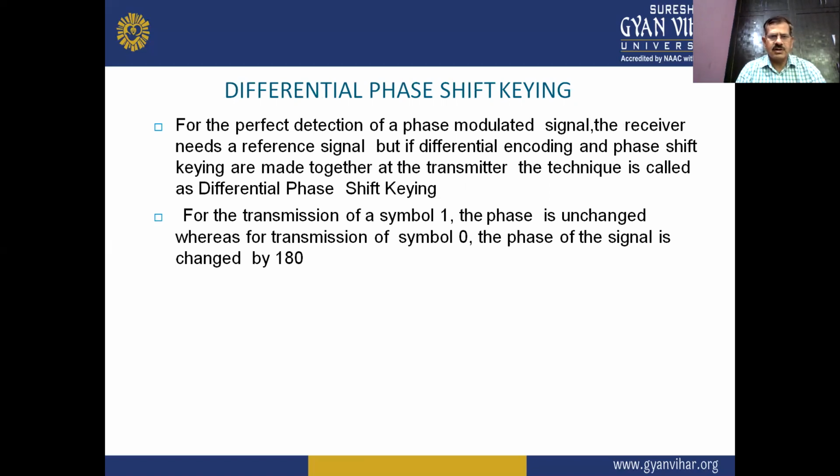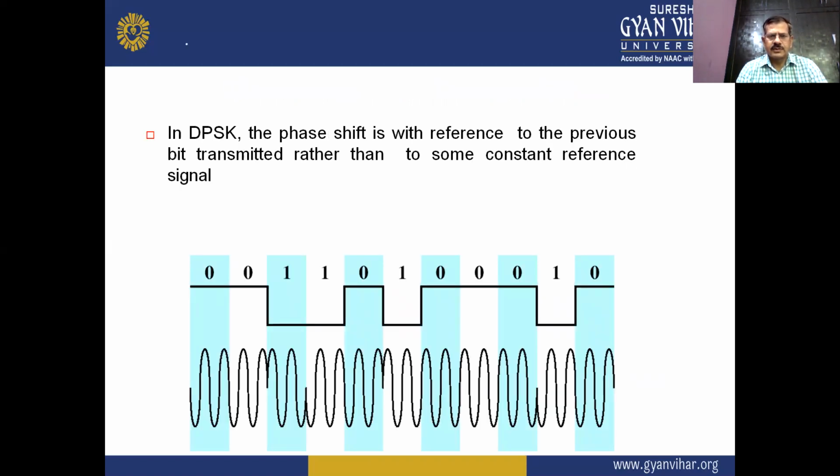For the transmission of symbol 1, the phase is unchanged, whereas for transmission of symbol 0, the phase of the signal is changed by a 180-degree phase shift. In these waveform diagrams of DPSK, the phase shift is with reference to the previously transmitted bit rather than to some constant reference signal.